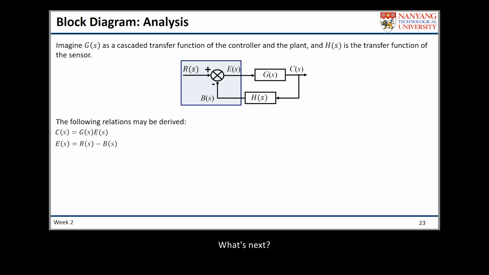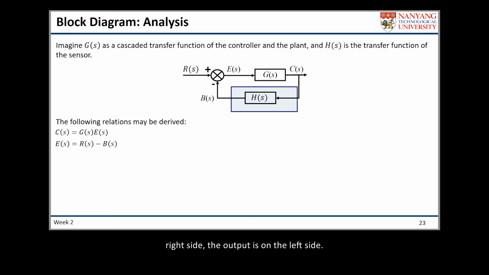Okay. What next? Let's take a look at the last part, H(s). This is again just a simple block diagram, but I inverted it here. So the input is on the right side, the output is on the left side. The input of system H is C coming from here, right?